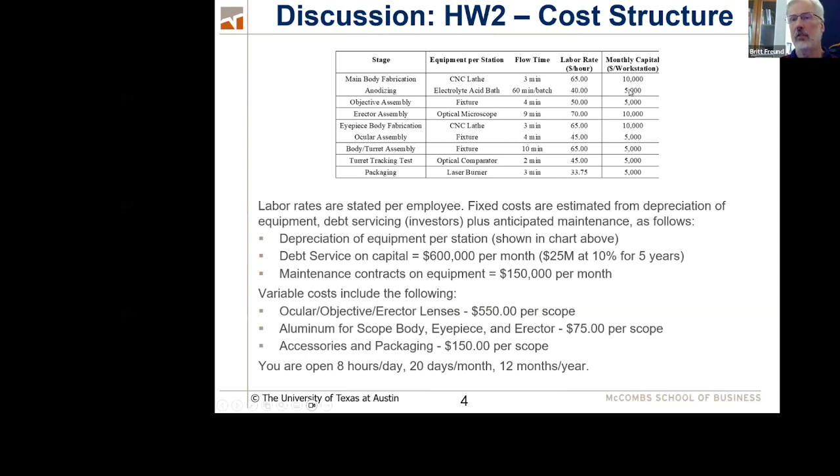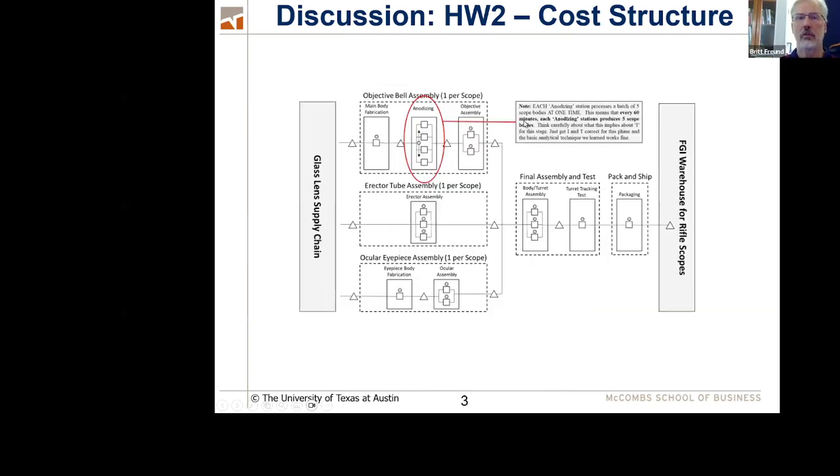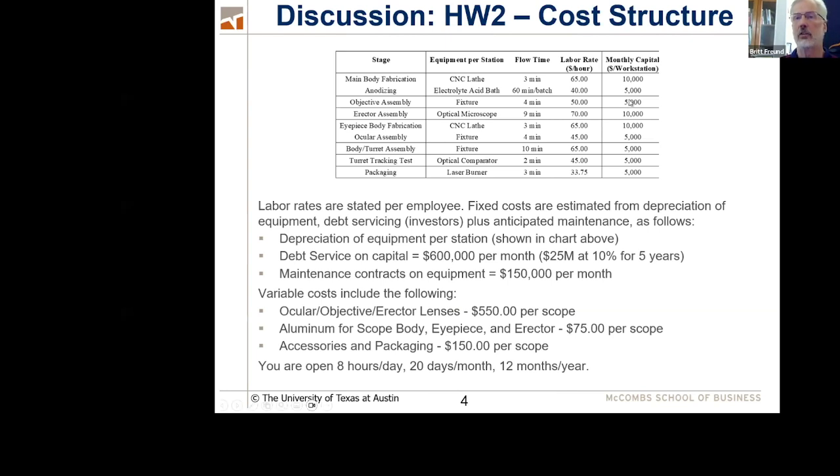This 10,000, 5,000, 5,000, 10,000 is the monthly capital costs associated with one of the cubicles in a room. If there's more than one cubicle in a room, then you have to have more than one of those costs. I do not care if you mess that up on this homework. The whole purpose of the homework is for us to be able to have this conversation, because I know it felt a little overwhelming at the end of class last week or 2 weeks ago, whenever we had it, okay?